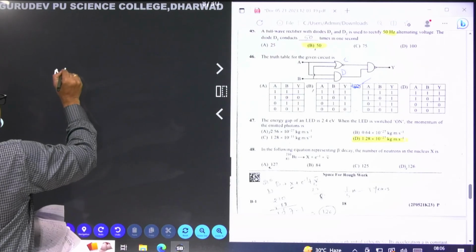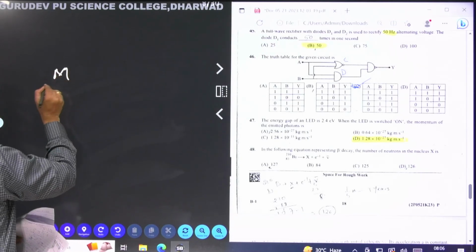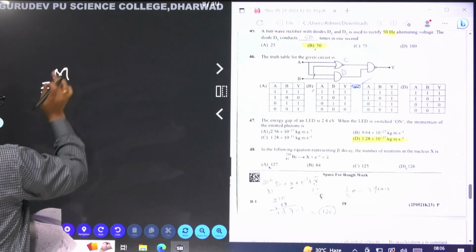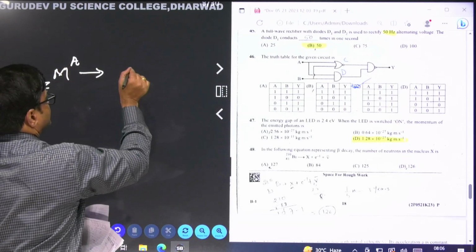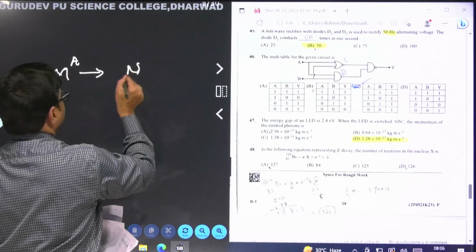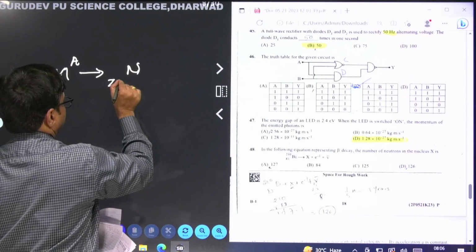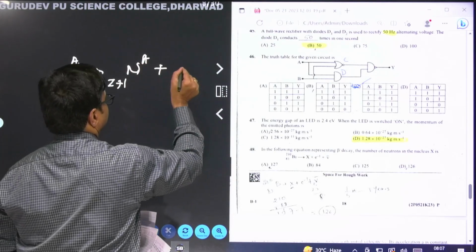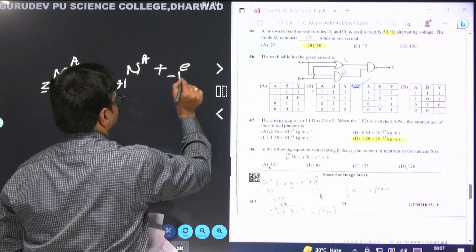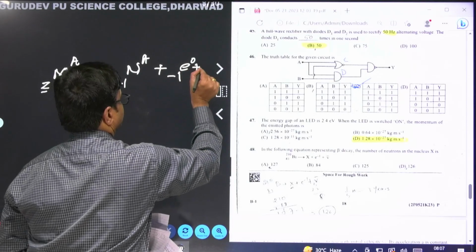I'll take the mother nucleus M with atomic number Z and mass number A, giving rise to N with Z plus 1, and beta minus, that is e minus 1 0, plus energy.